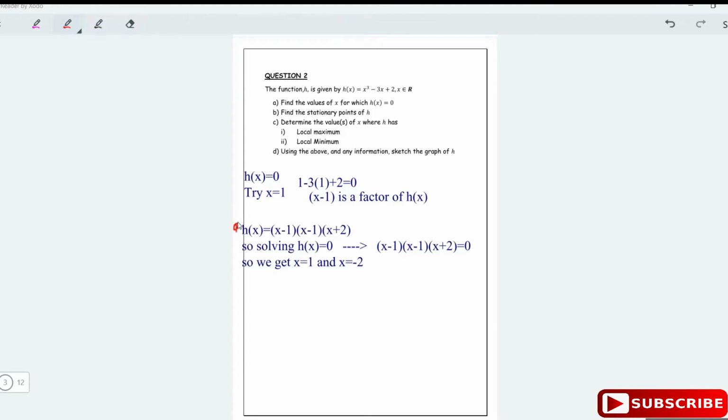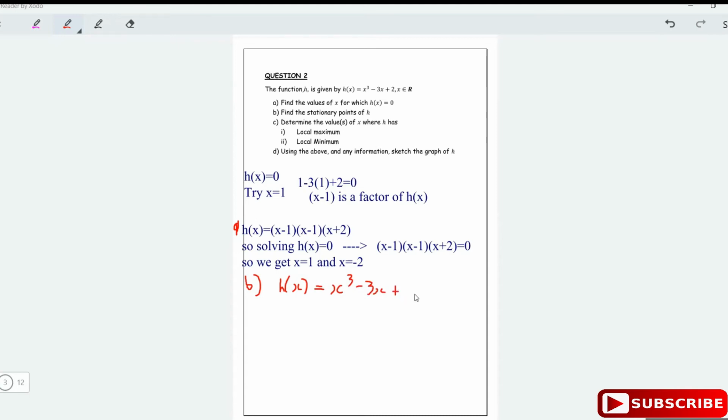Now let's look at part B. Part B says to find the stationary points. To find the stationary points, we know we're going to have to do differentiation. So h of x is equal to x cubed minus 3x plus 2.